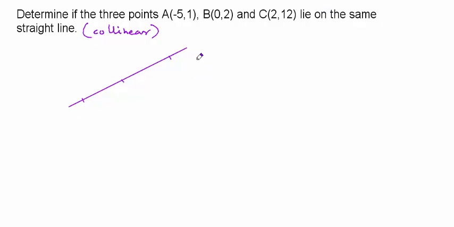So the slope between A and B, let's write slope with a subscript AB, is equal to y2. So this is going to be 2 minus 1 over x2, which is 0, minus negative 5. So this is 1 over 5, 1/5.